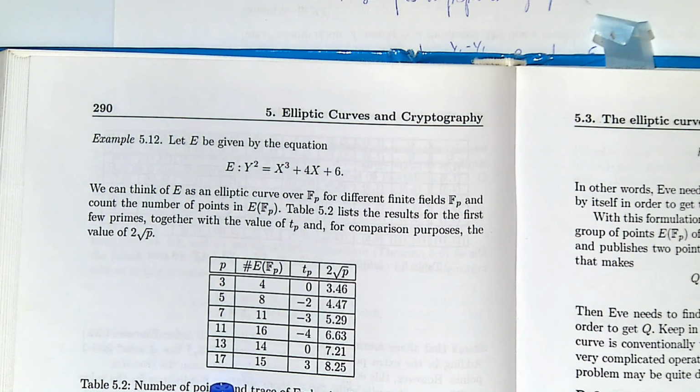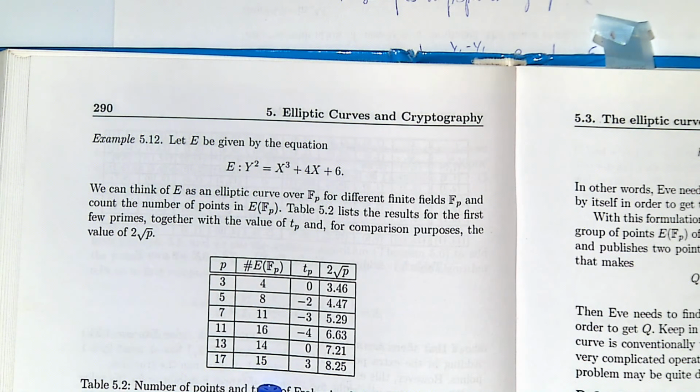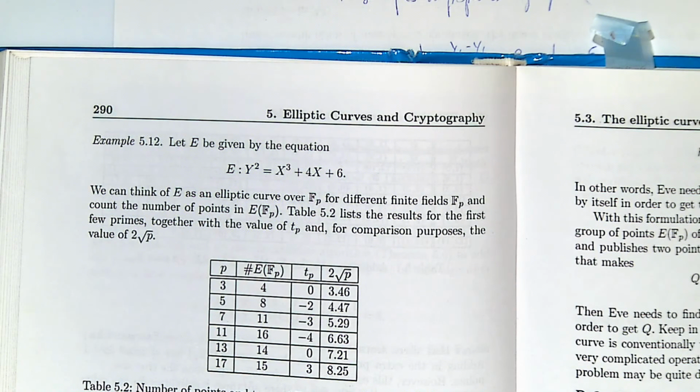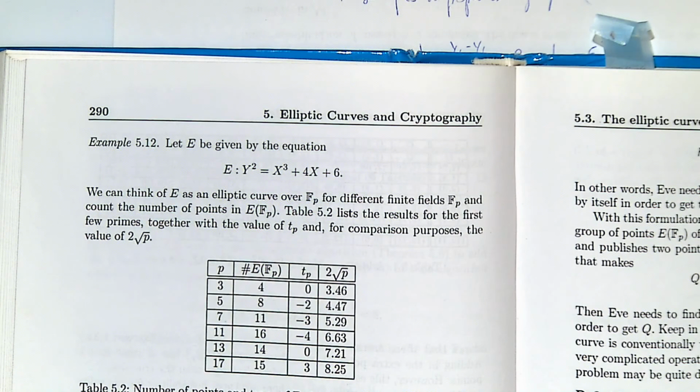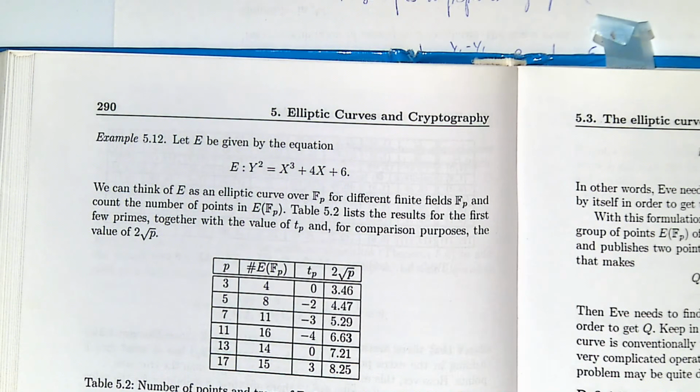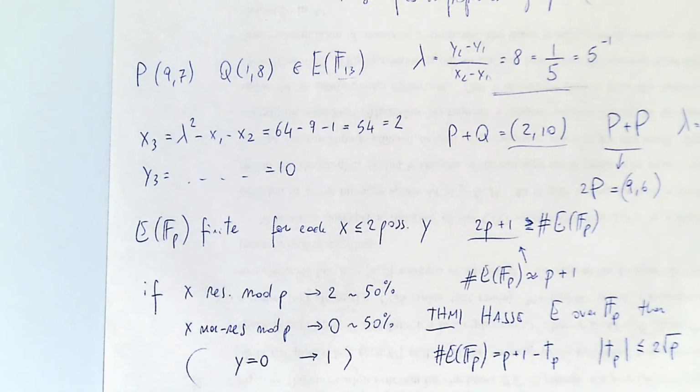Here, for example, for 17, p plus 1 is 18, so the number of points is a little bit less. In some cases it will be a little bit less, in some cases a little bit more, but it's anyway bounded by this quantity. And so, looking at it in perspective, this gives us a good indication of how many points we can expect to be on the curve.